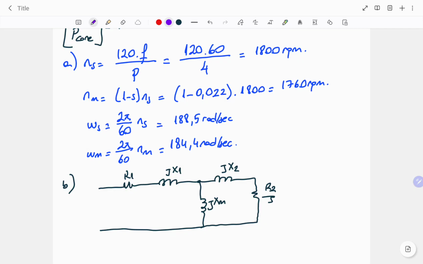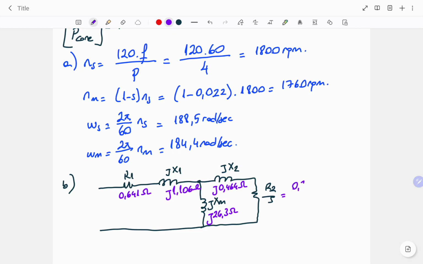According to given values, R1 is equal to 0.641 ohms. The next one, X1, is 1.106 ohms, and XM is 26.3 ohms, X2 is 0.464 ohms, and the last one is R2 over S. It is not given directly, the R2 value is given.